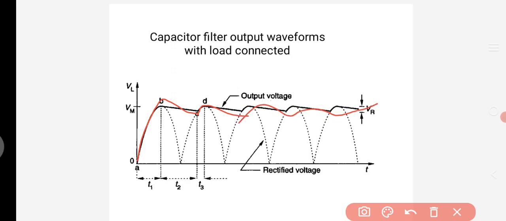This is our output of the shunt capacitor filter with load connected. This part is the maximum voltage. The time periods are T1, T2 and T3. The dotted lines indicate the rectifier voltage, and the solid line indicates the filter output.